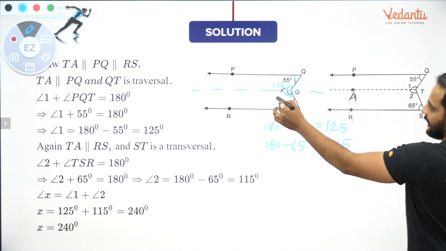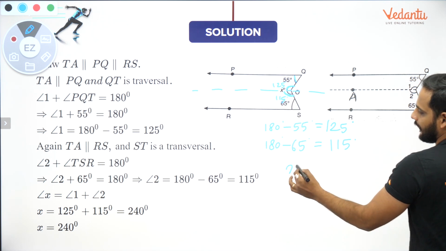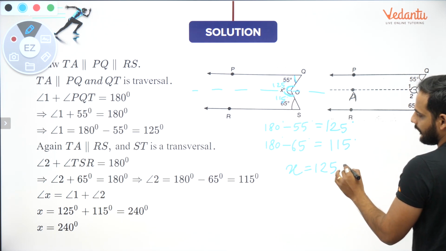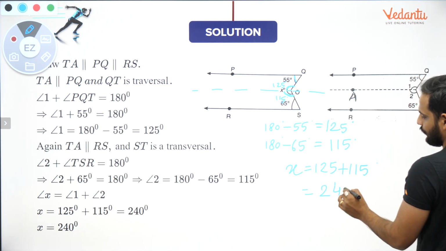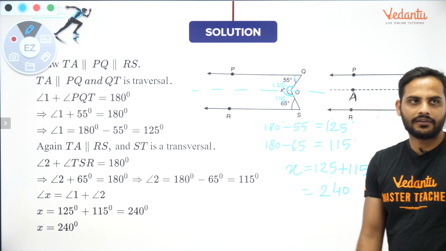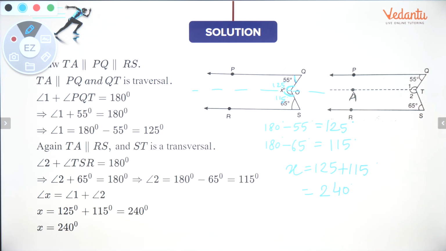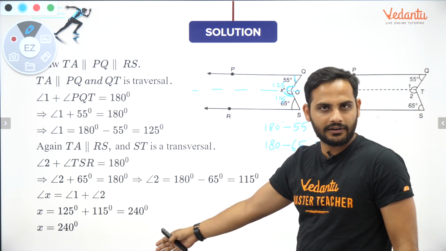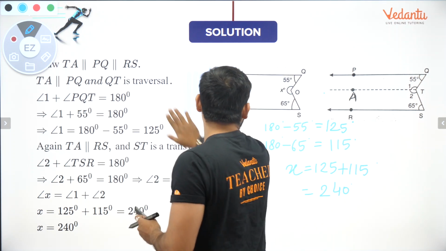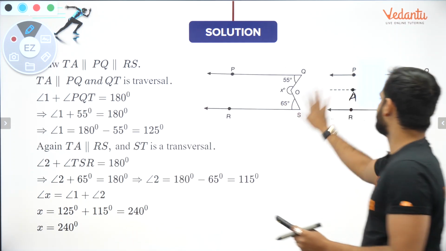So it is 125, it is 115. I will say angle X is equal to 125 plus 115, which is equal to 240 degrees. Correct? So the correct answer is 240 degrees. Understood? So in this way it can be easily solved. You can see the correct explanation is given here very clearly. Okay, chalo. Now let's move to the next question.